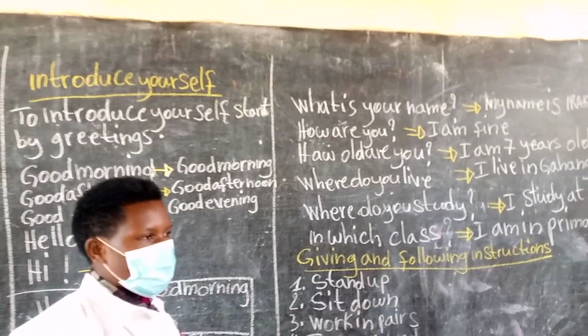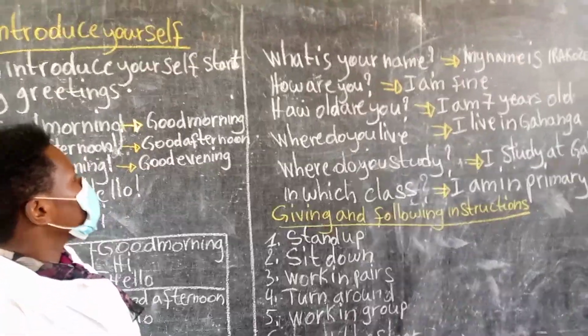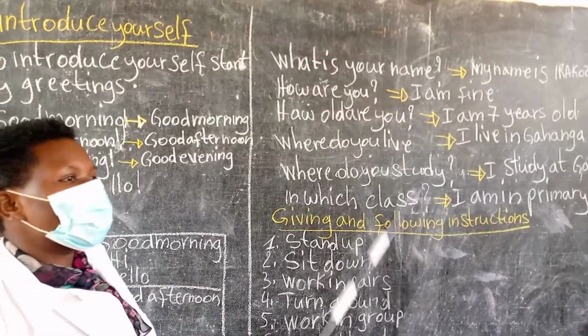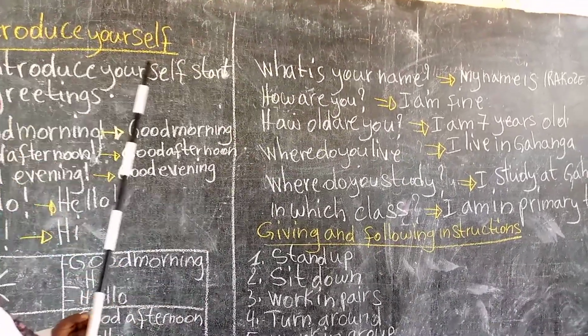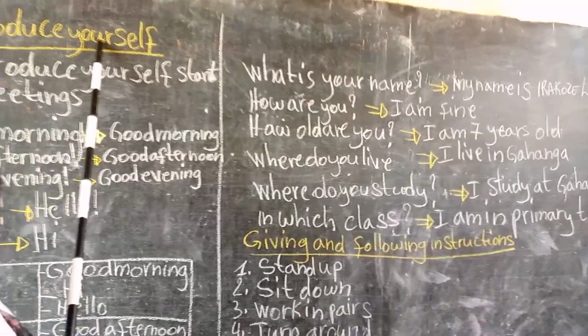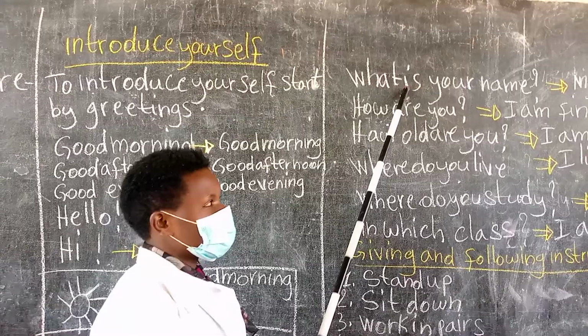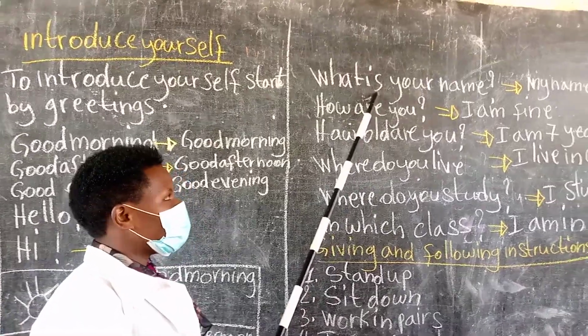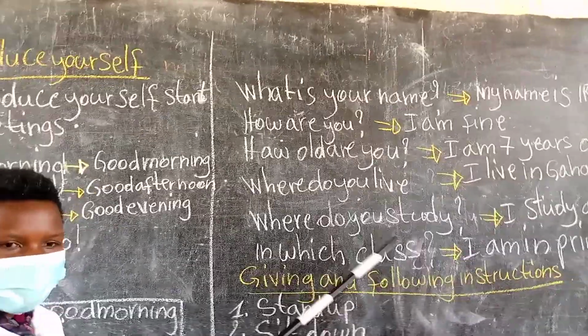Dear learners or parents, after greetings you have to introduce. Remember that our lesson is introduce yourself. Here are the questions that you may ask your children, that you may ask others in order to introduce.